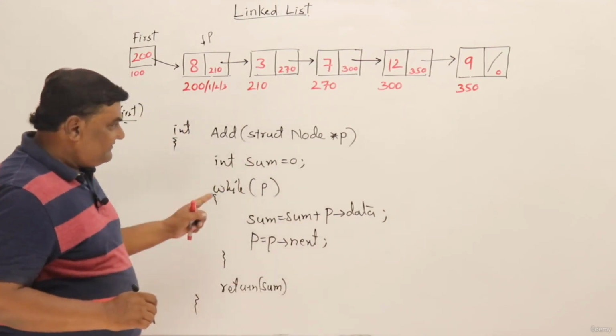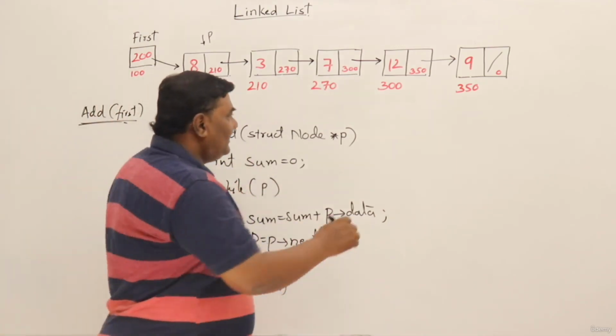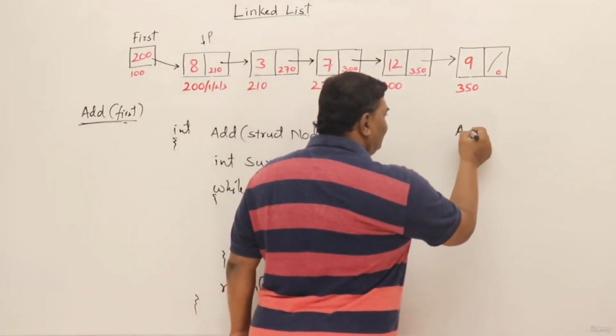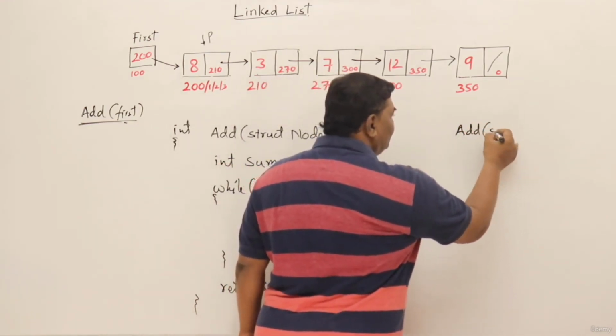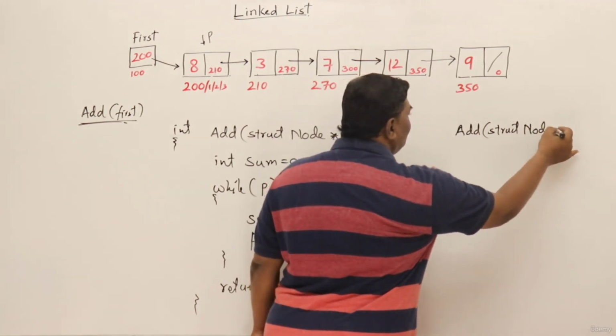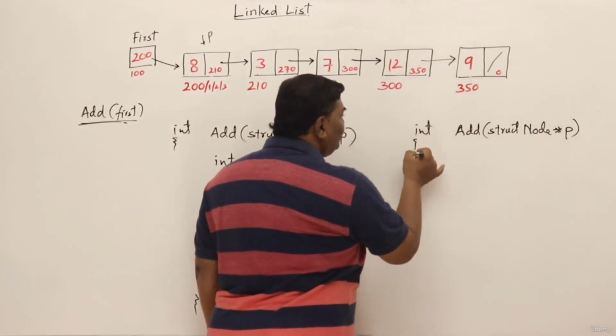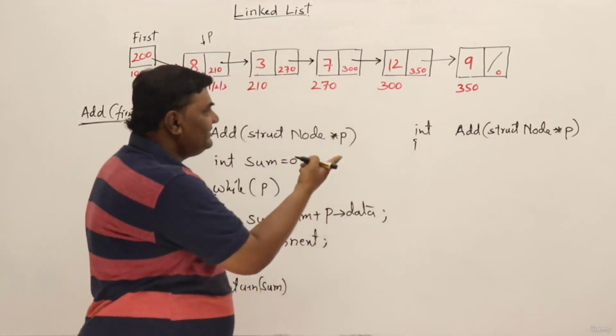Now let me write the same function for finding the sum of all the elements using recursion. I will call the function add, the same function, and it takes a parameter struct node pointer p. It should return an integer result because all these elements are integers in our example.